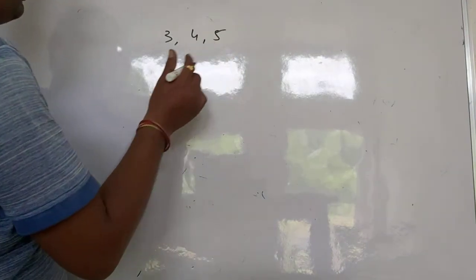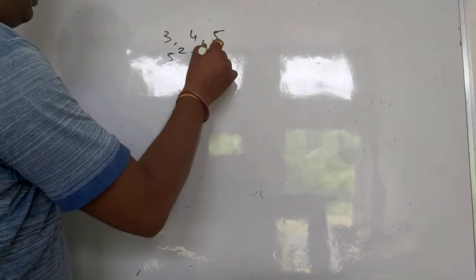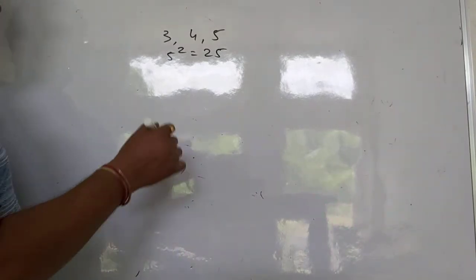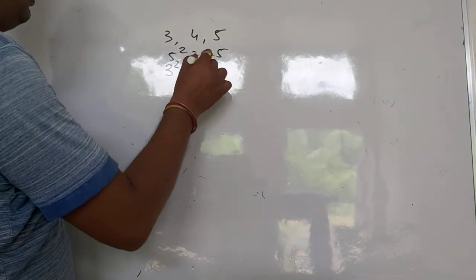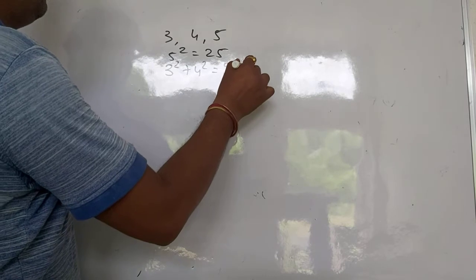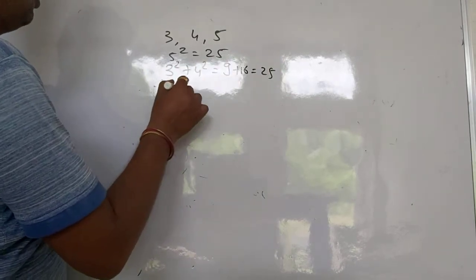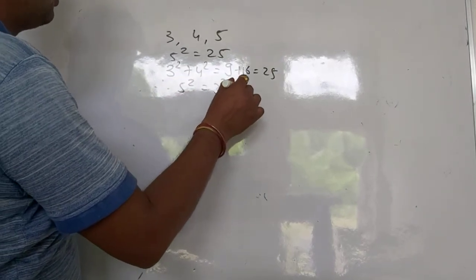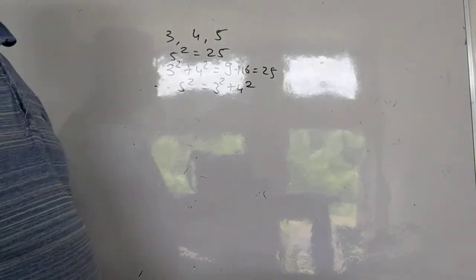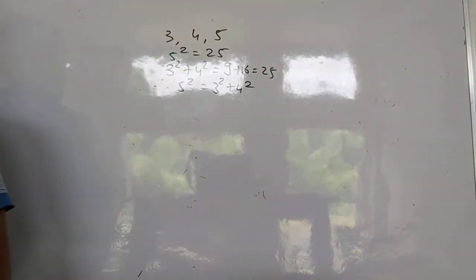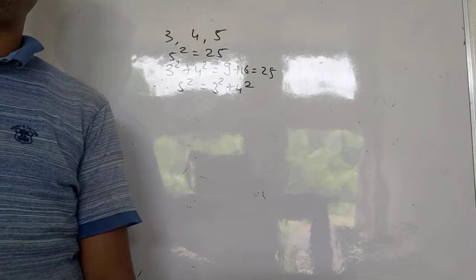Select the biggest one, that is 5, take its square, you will get 25. For the remaining two sides, find 3 square plus 4 square. So you will get 9 and 16, that is 25. Therefore, 5 square is equal to 3 square plus 4 square. So you can write, therefore it satisfies the condition, therefore it is a Pythagorean triplet.